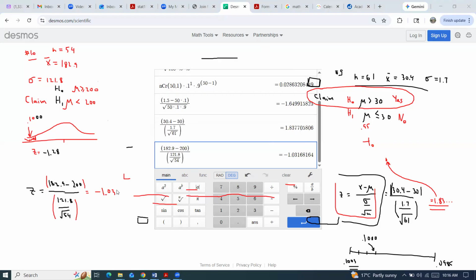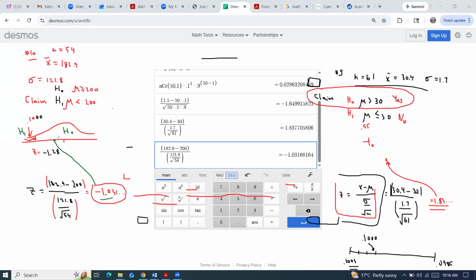And this is very interesting. Where is this number coming to? In what region, H0 or H1? Please notice it's 1.03.